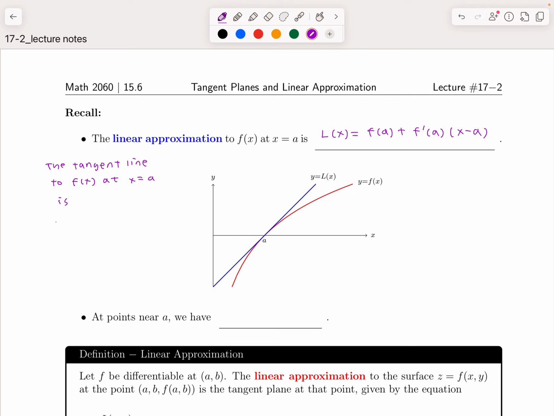So y minus the y value equals the slope, and the slope of the tangent line is f prime of a times x minus a. So you can see that right here, if we add f of a on both sides, then we will have this L of x. So basically, L of x is the y value on the tangent line.